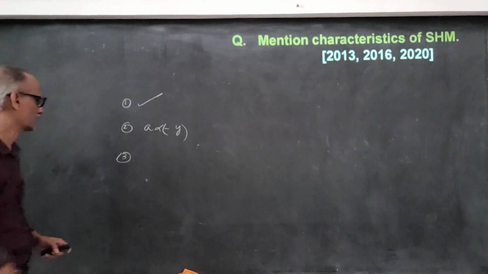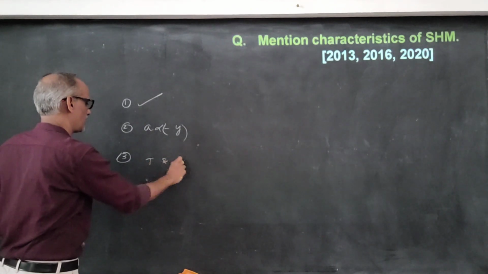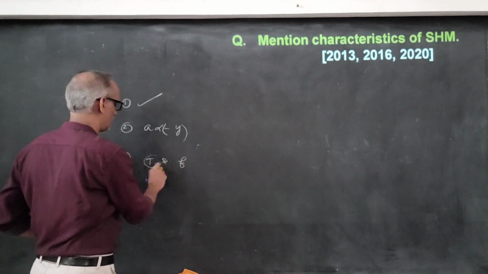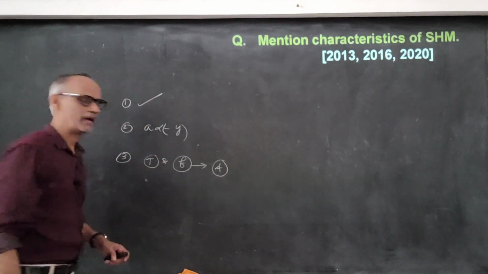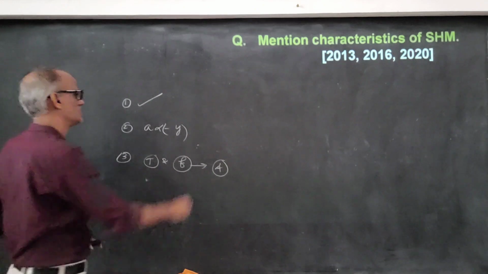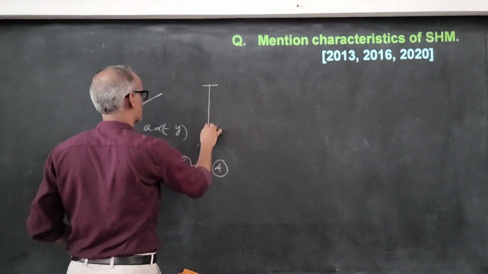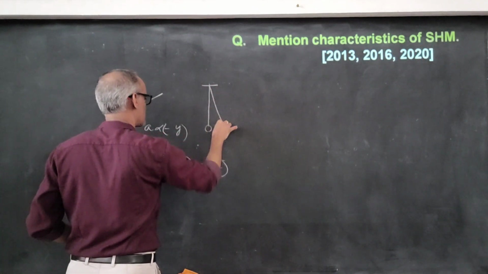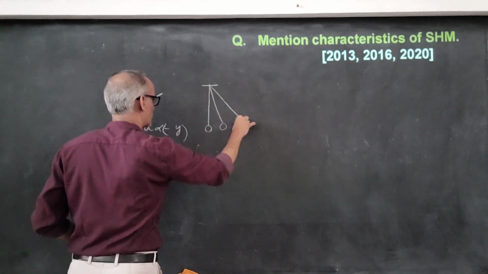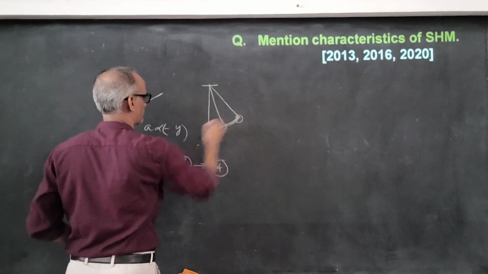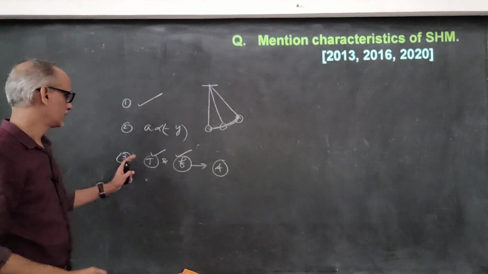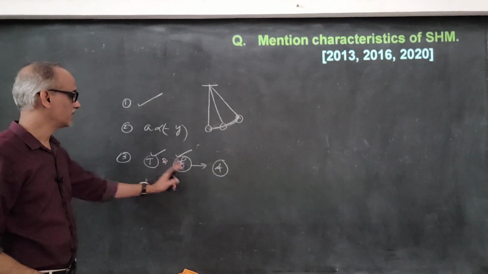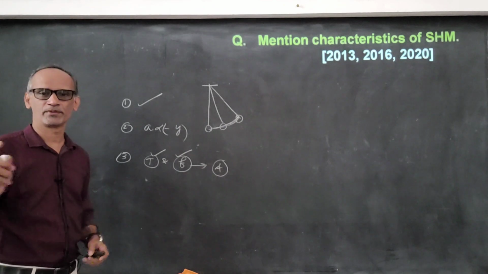And the most important, the time period and the frequency of the oscillation are independent of the amplitude. That means if you take a simple pendulum, whether you take a small amplitude or a large amplitude, the time period and the frequency remain the same. Time period and frequency are independent of the amplitude of oscillation.